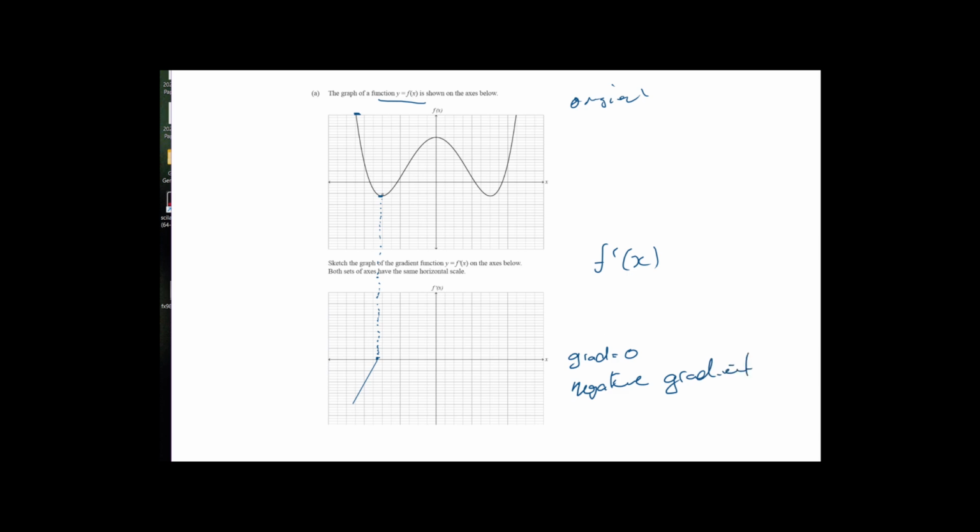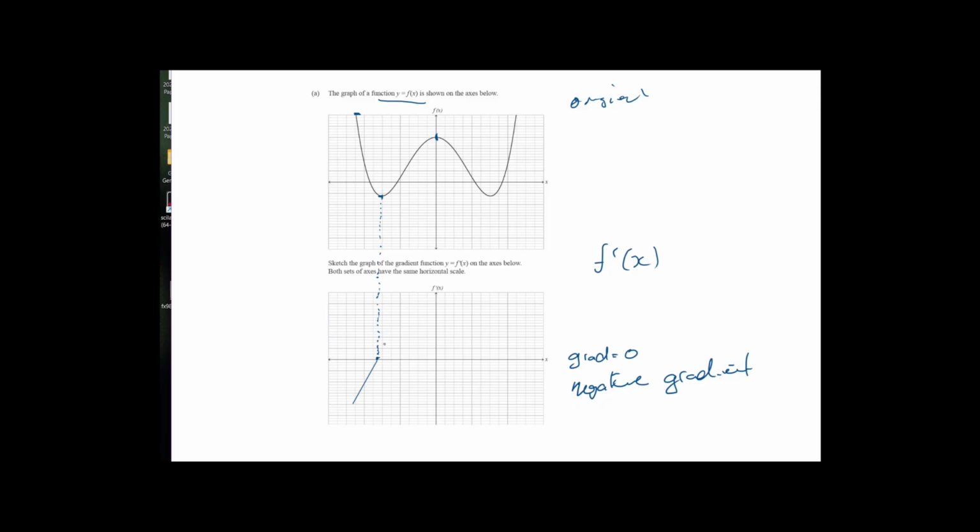And then from here to, looks like the y-axis, it starts off small and then gets very steep and then it kind of tails off.